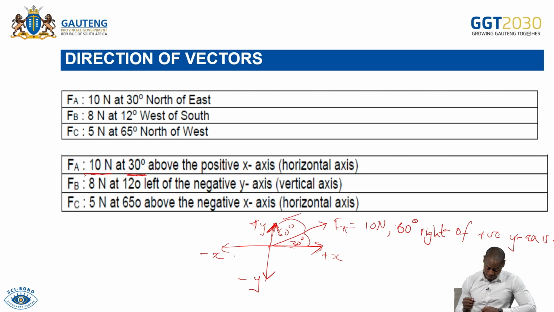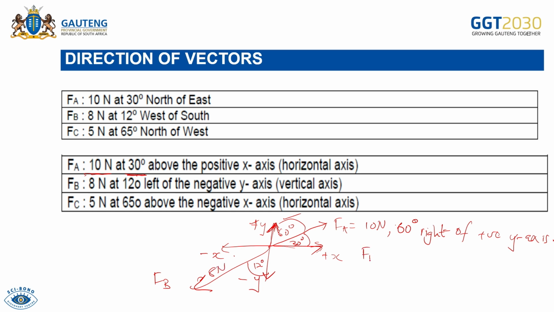Then let's move to the second one, which is your FB. Here you are given 12 degrees. The magnitude of this one is 8 newtons. So your FB will be 8 newtons. What is the angle? It's 12 degrees.